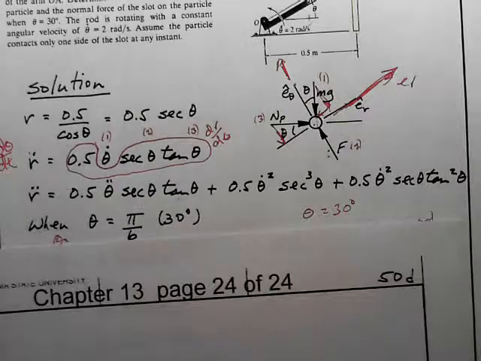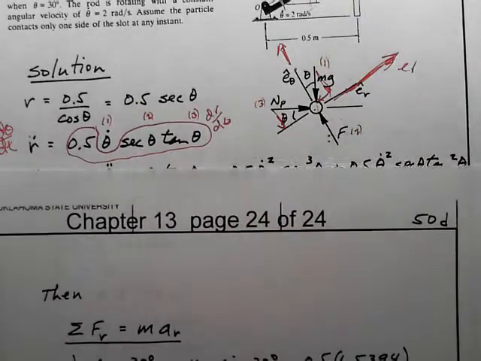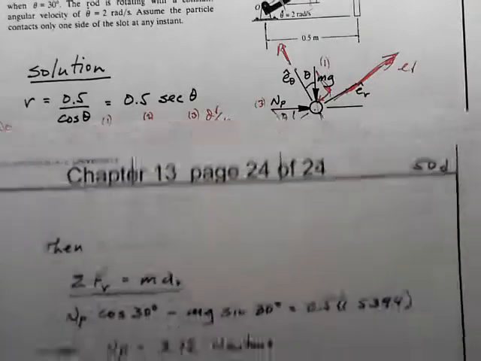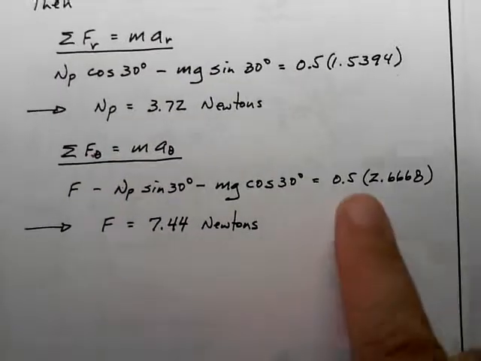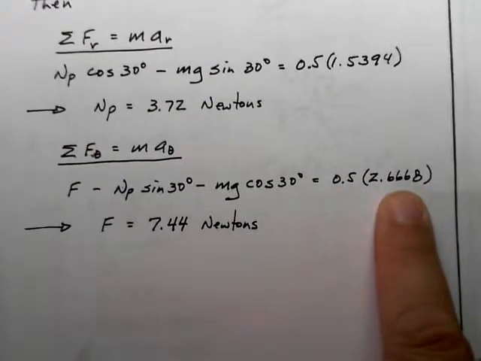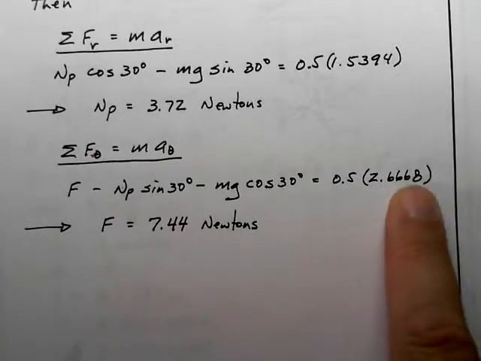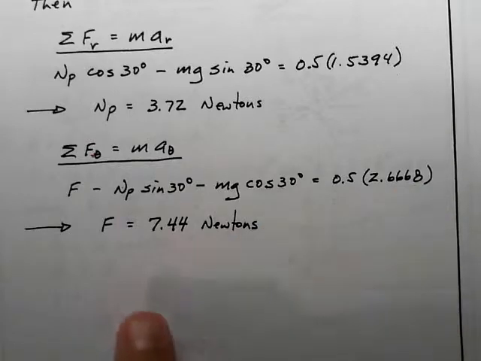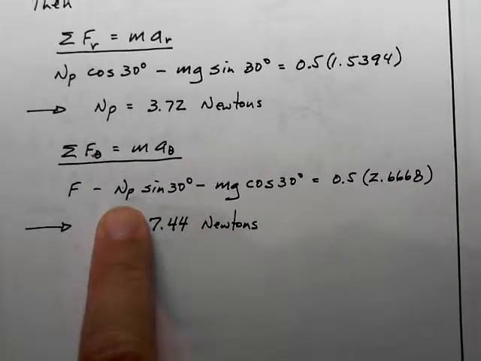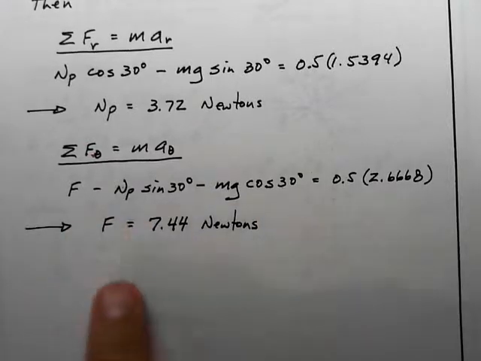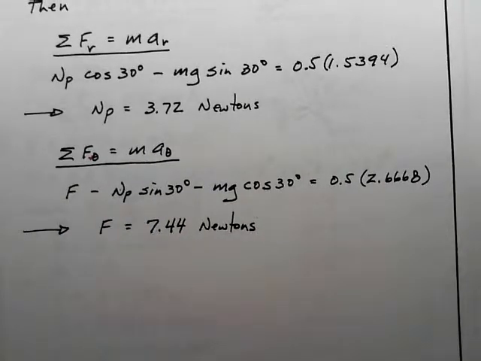Check the free body diagram yourself to see if those angles and the sines and cosines are right, and they are, is equal to mass times acceleration in the theta direction. We learned that from the Chapter 12 part of the problem. The only unknown in here is merely F, because we know the value of the normal force. We can plug in that number. This is the only unknown. Solve for it: it is 7.4 newtons.